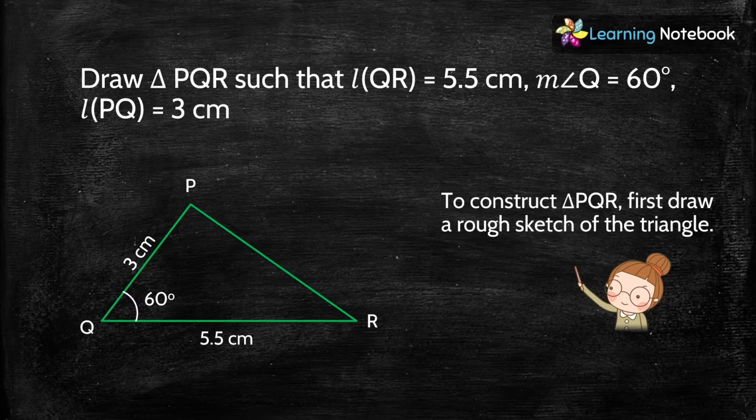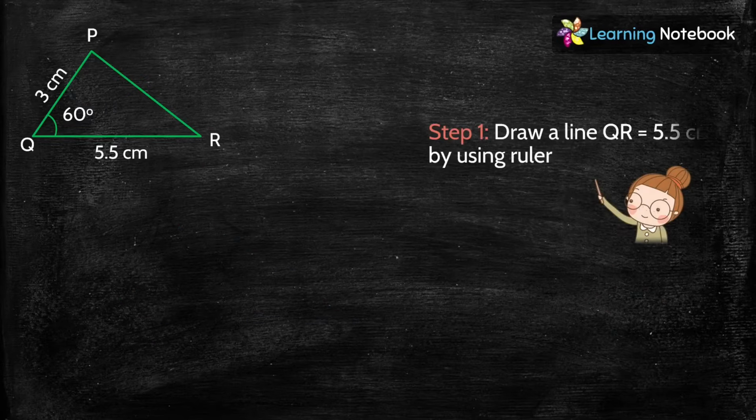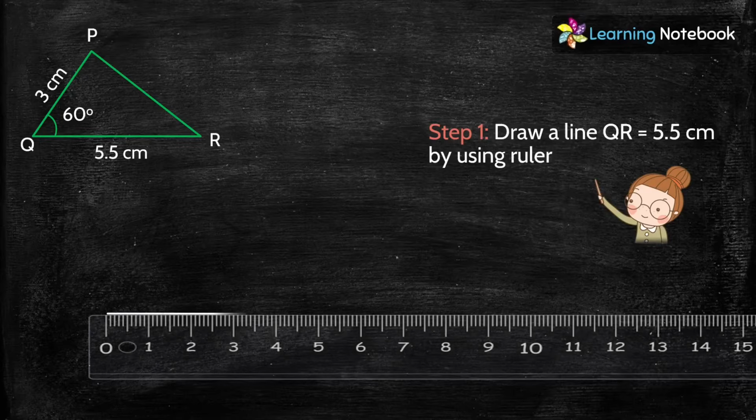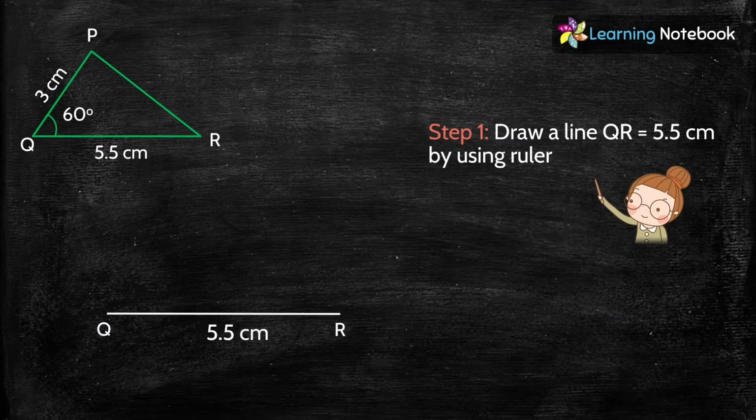Now let's see how to construct this triangle step by step. In step 1, draw the line QR, which is equal to 5.5 centimeter by using a ruler. Do mark the measurement of this line as 5.5 centimeter.